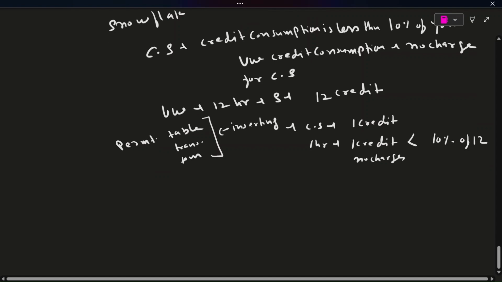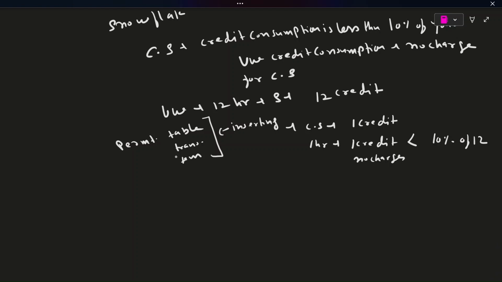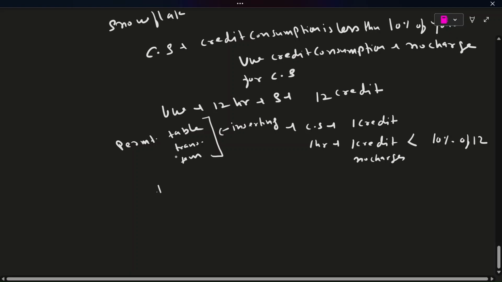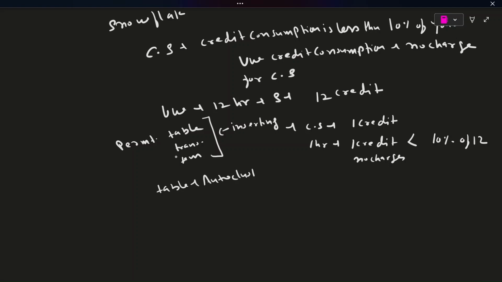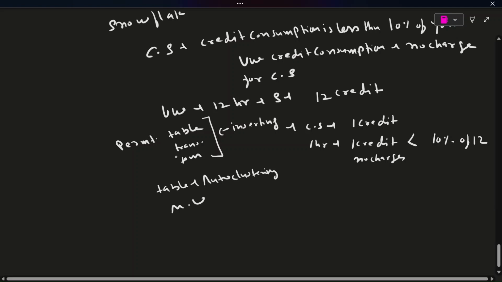But now let's say over time, I have created some tables with auto clustering. I have created some materialized views also, right?